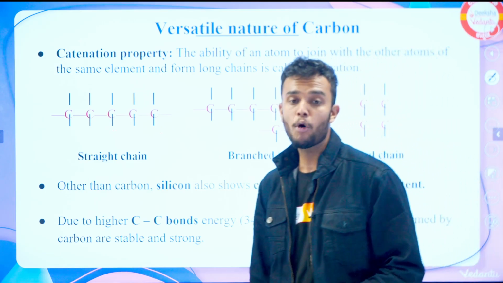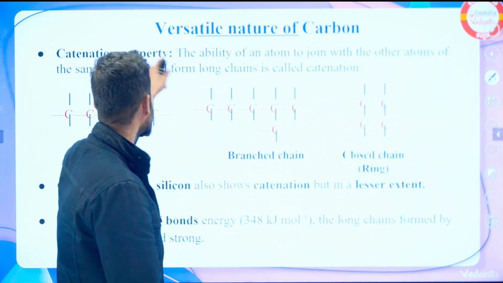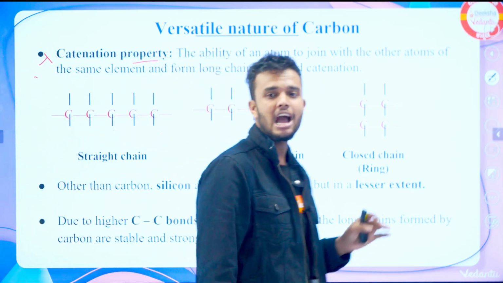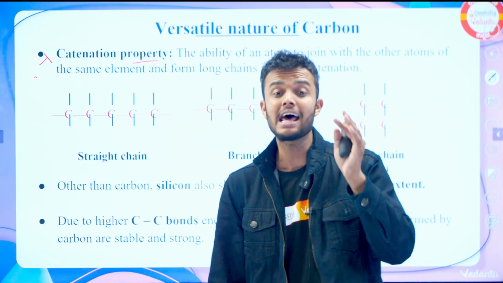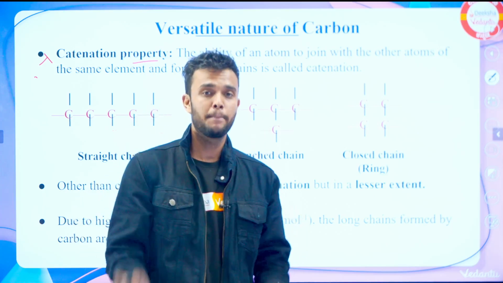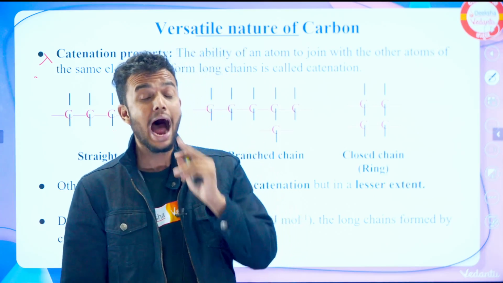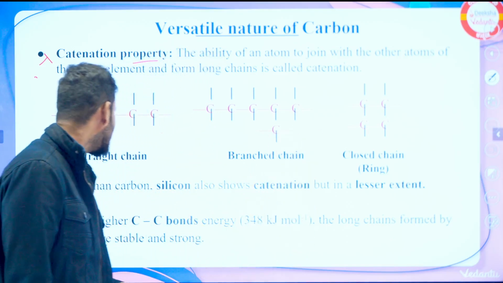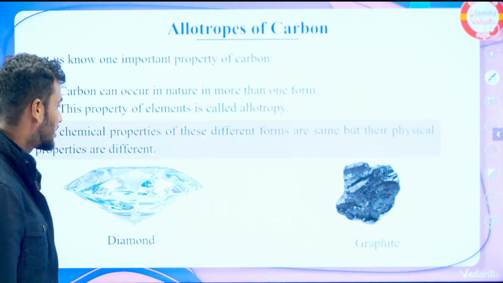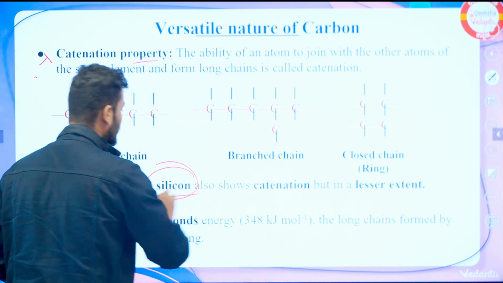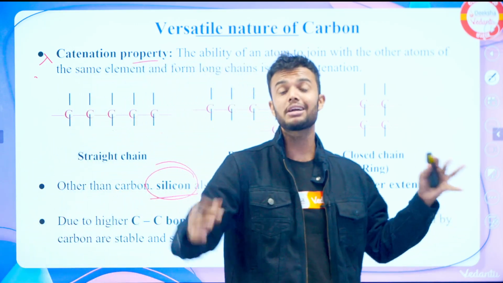Another important thing is the catenation property. Please note down this point. Catenation is the ability of an atom to join with other atoms of the same element. In the periodic table, mainly carbon has this property, and the second one is silicon, but not like carbon.